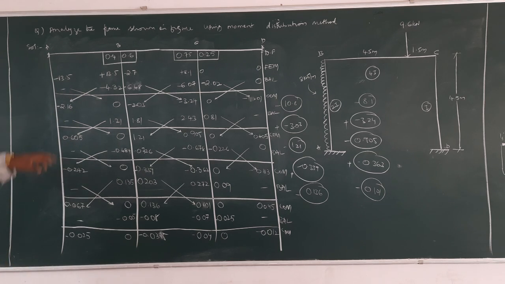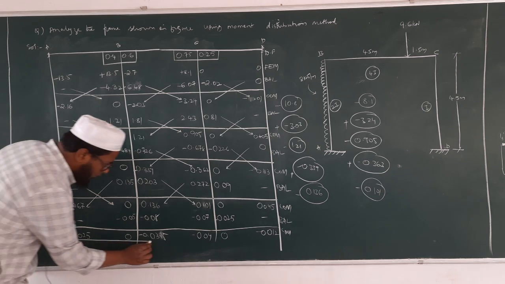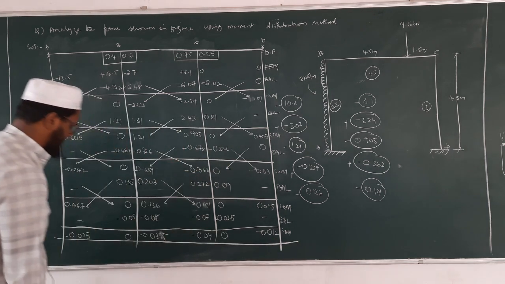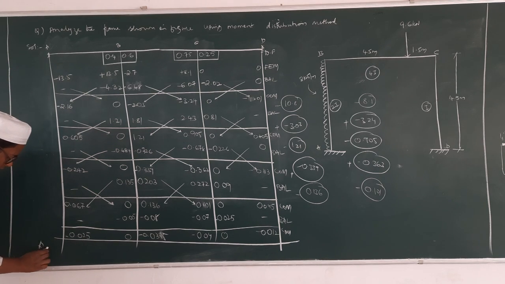Now you add these values. From where you will add now? From the top only you should add. Okay. So these are final moments. Tell me the value.